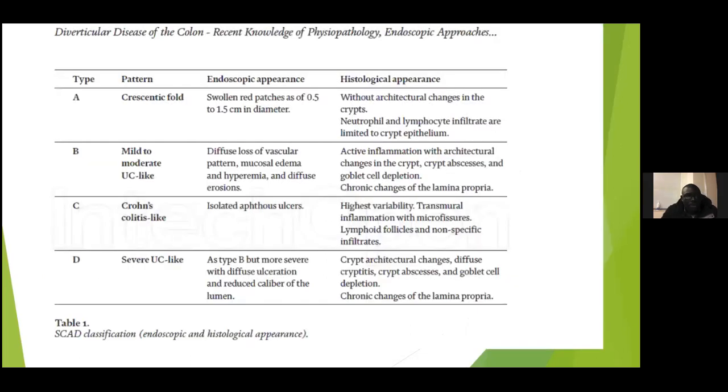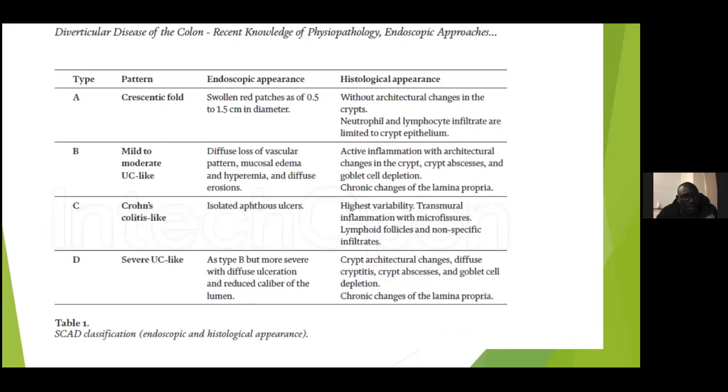And if you look at the classification, it is classified from A to D. Type A is crescentic fold, and there are no architectural changes in the crypt in this case. Then you have neutrophil and lymphocytic infiltrate limited to the crypt epithelium alone on histology.